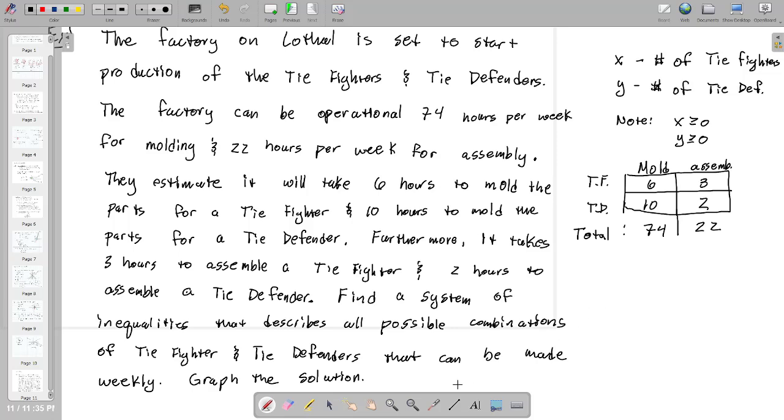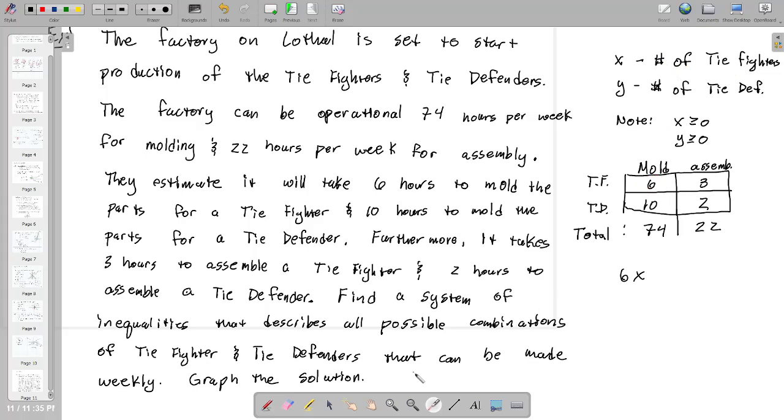So our inequalities are going to be related to the time it takes to mold the parts for each of these ships and the time it takes to assemble the parts. So we have 6 times x, because that's the number of TIE Fighters, and each one takes 6 hours to mold.